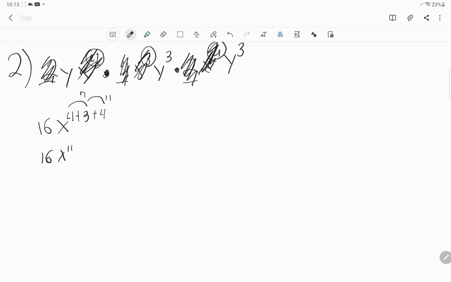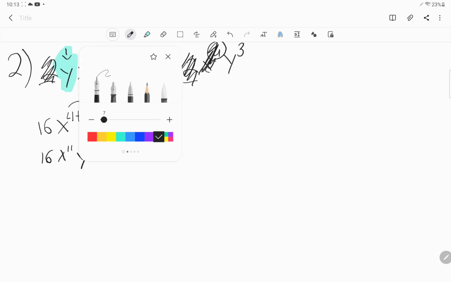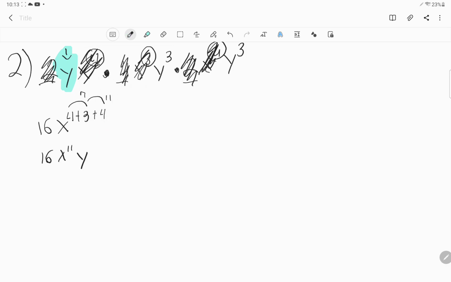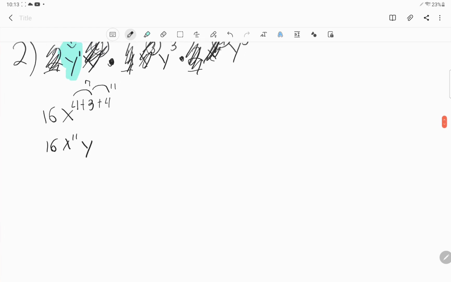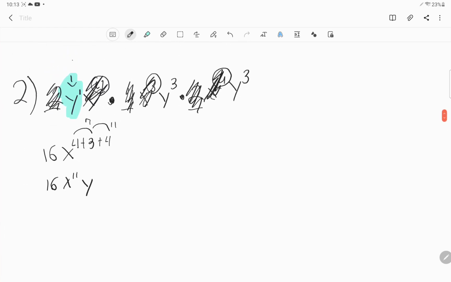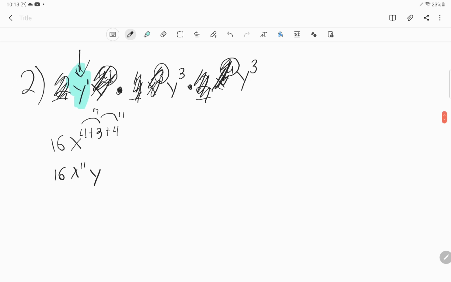Now the only thing I have is my y. I'm going to write my base for y, which is y. If you look over here at this one, you can see that it does not have an exponent. If you get a letter without an exponent, there's an invisible 1 on top of it. So this y right here has an exponent of 1.